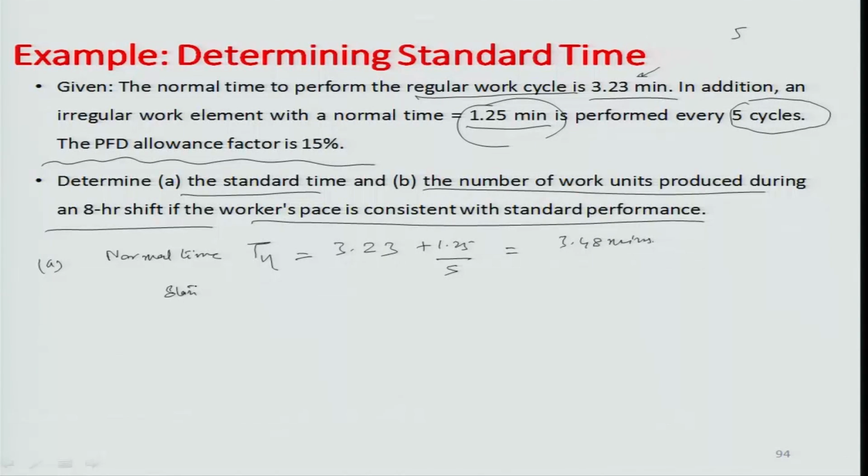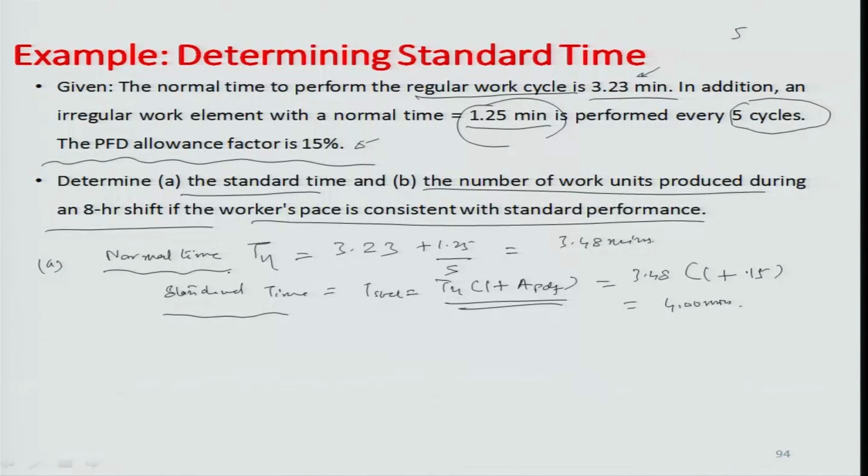So the standard time, as you know, is dependent on the allowance factor. Basically standard time is nothing but the normal time times the allowance factor, as we calculated earlier. So in this case it is 3.48 times 1 plus the 15% performance fatigue delay factor, so 1.15. This becomes about 4 minutes. So the standard time for this cycle would now become 4 minutes.